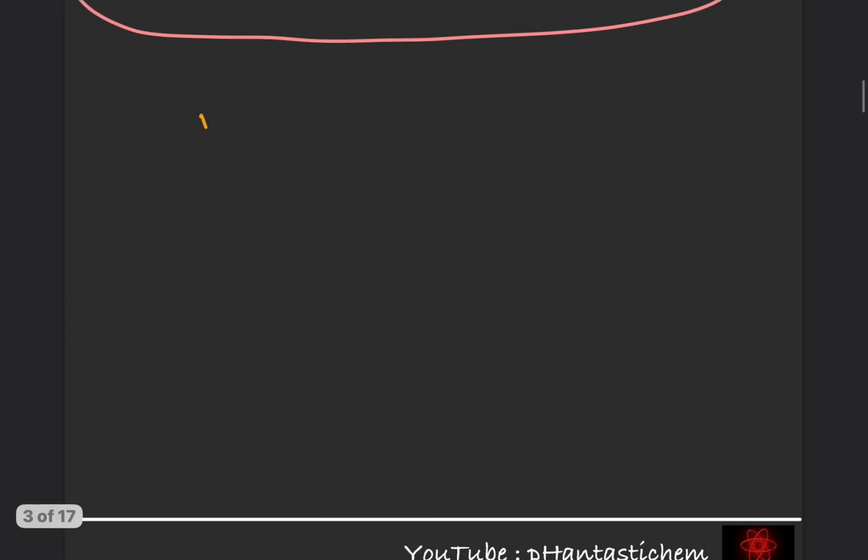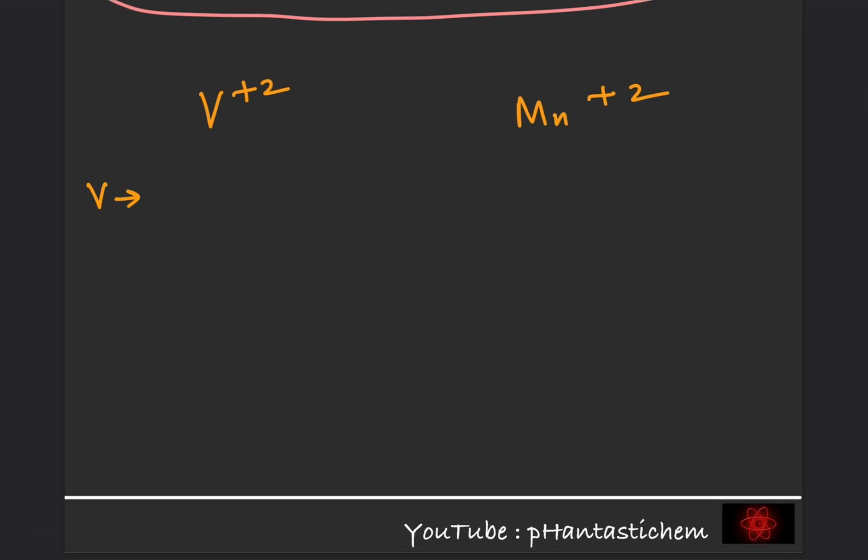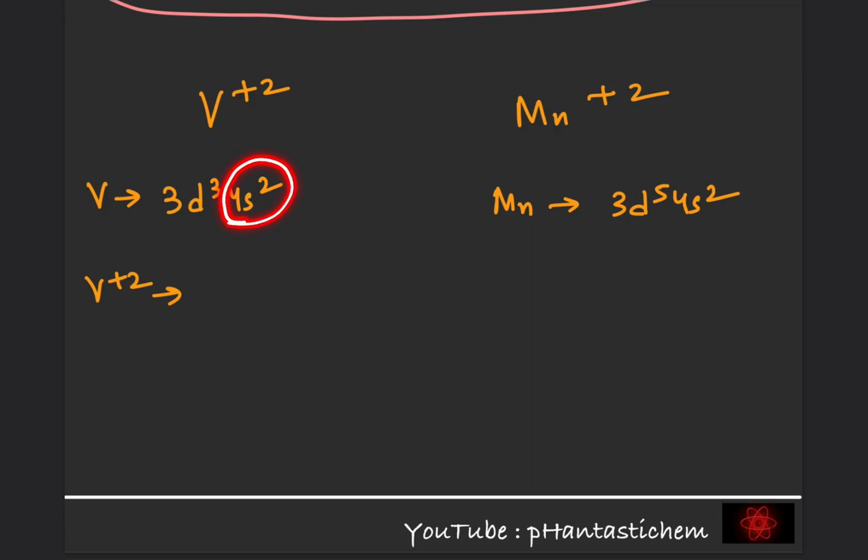The next pair is vanadium+2 and manganese+2. The configuration of vanadium is 3d3 4s2. The configuration of manganese is 3d5 4s2. For vanadium+2, we remove 2 electrons from 4s, so it will be 3d3.